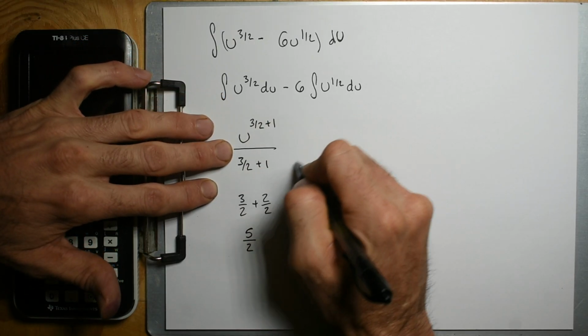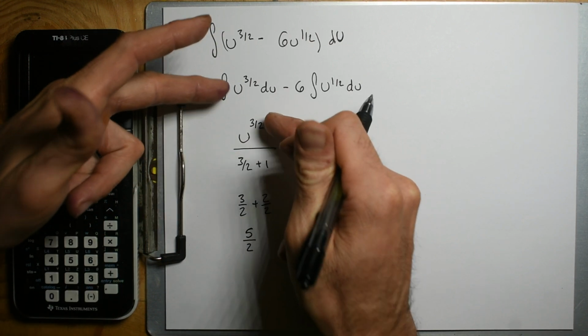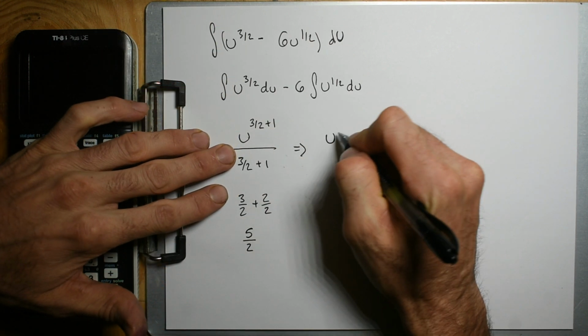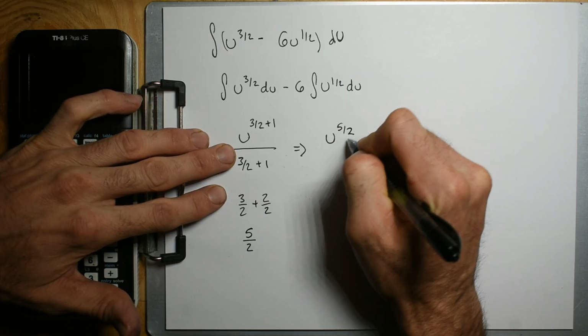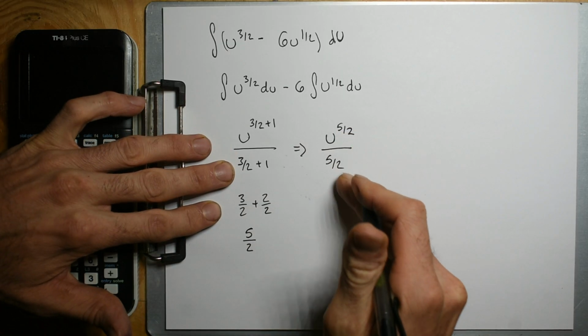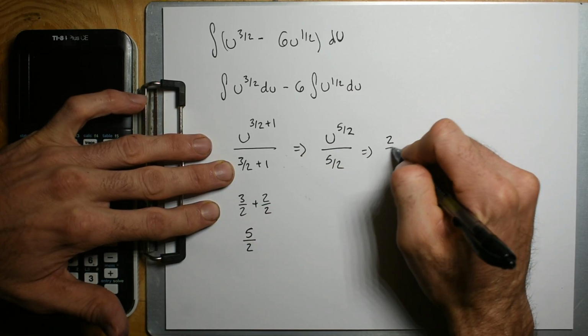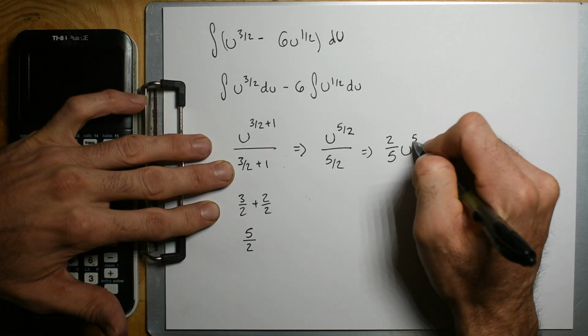So I'm just going to go u to the 5/2 divided by 5/2. But I really want to rewrite this. This is just the reciprocal, so let's say this is 2/5 u to the 5/2.